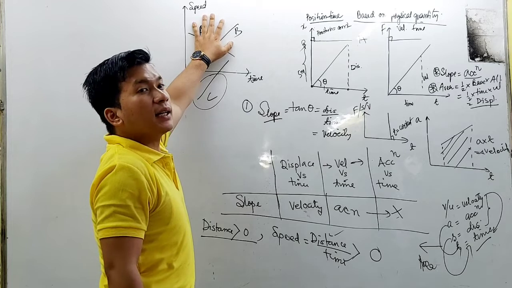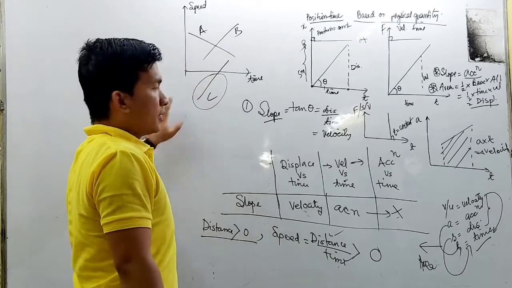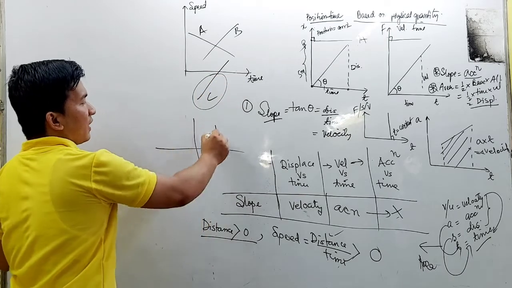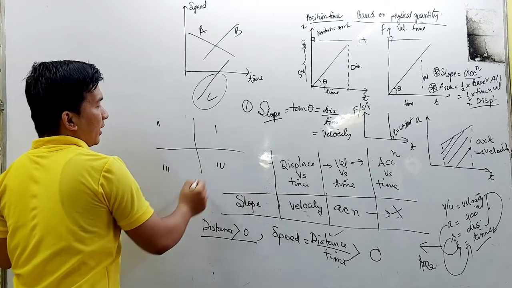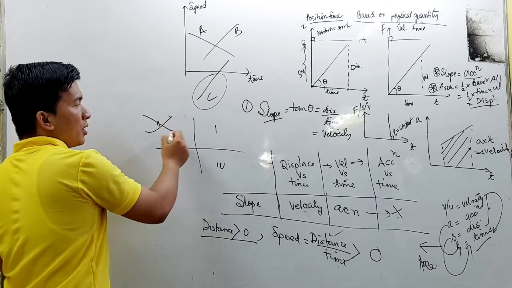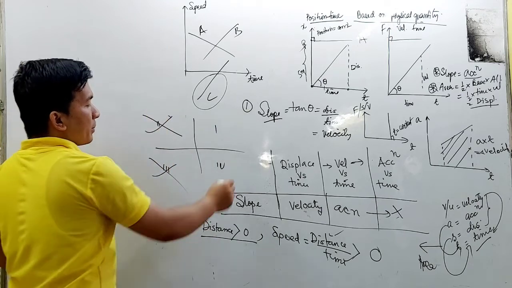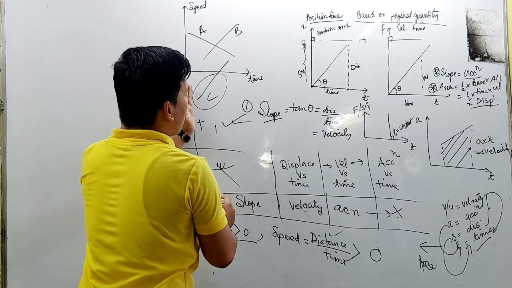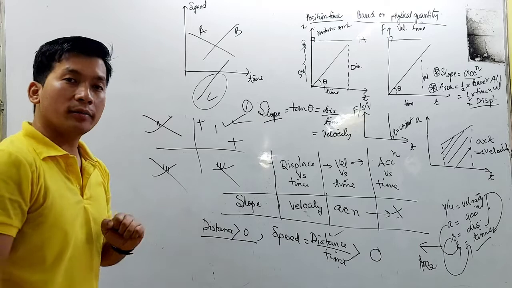We have four quadrants: first, second, third, and fourth. We cannot draw the speed-time graph in the other quadrants. We must have it only in the positive region, where Y is positive and X is also positive.